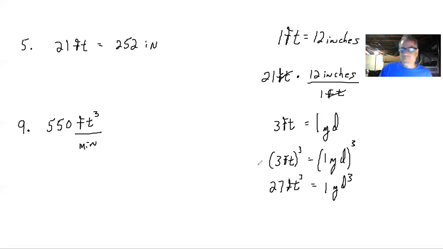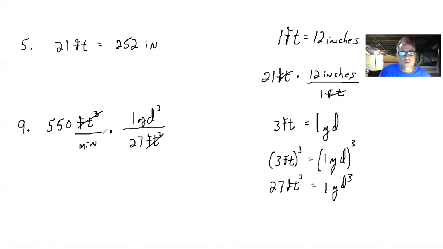So now I'm wanting to put this in how many cubic yards per minute. So I need this feet cubed to cancel out. This is where I'm thinking about how to get that accomplished, and I want to put this in cubic yards. So 1 cubic yard is 27 cubic feet.